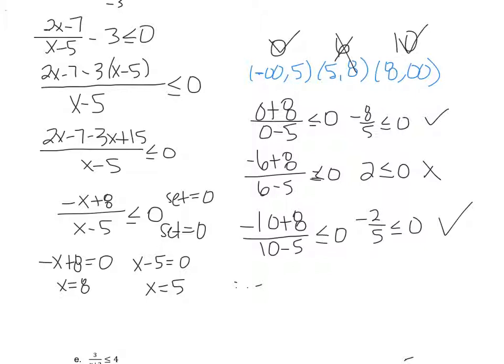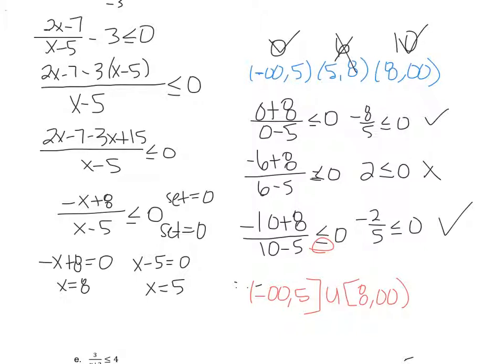So again, you go through and you pick for your solution the intervals that worked, that gave you true statements. And I have negative infinity to 5, bracket because of the equal to, union 8 to infinity.